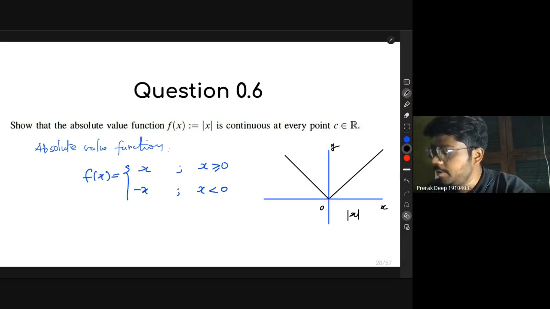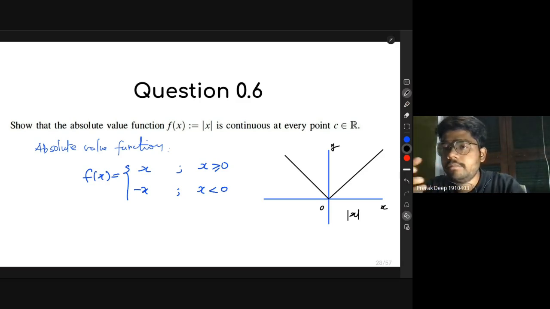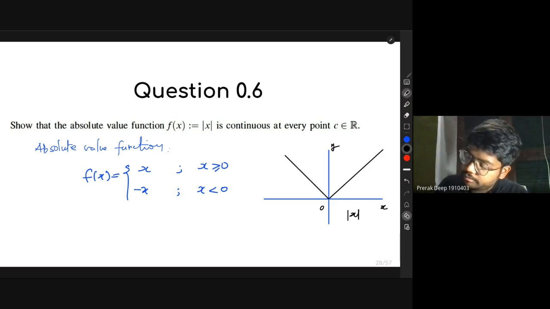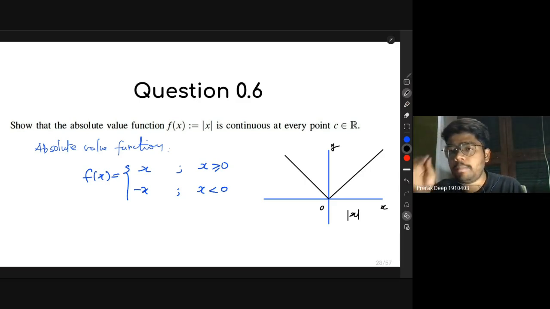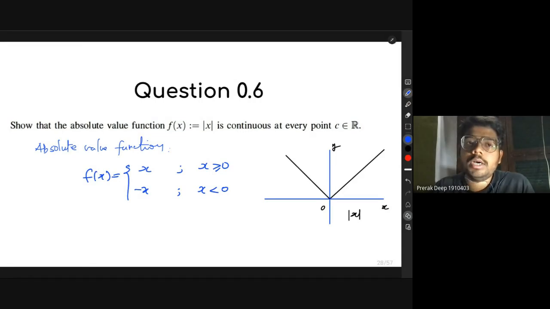From the picture, sometimes it is very clear that continuity makes sense. In the graph you can see that you can draw this function without lifting your pencil or pen from the document. So intuitively it is clearly a continuous function. Intuition is important to start with, but you need to prove it mathematically also.